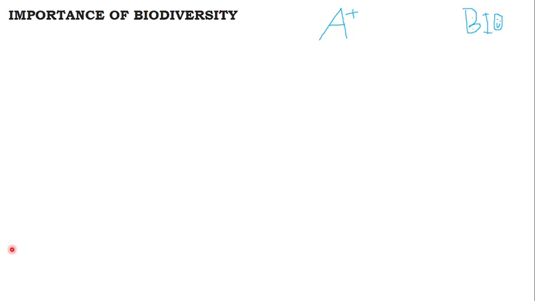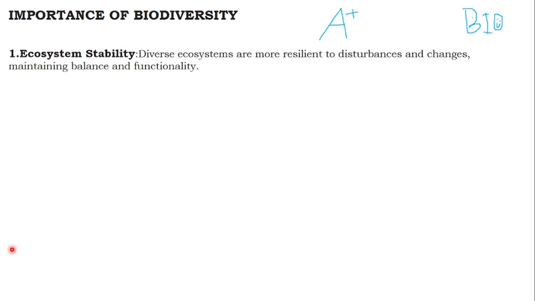So let me start with high energy. Number one, importance of biodiversity: it helps in ecosystem stability. Diverse ecosystems are more resilient to disturbance and change, maintaining balance and function.